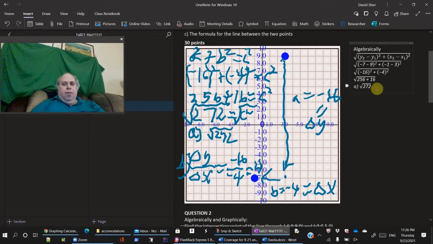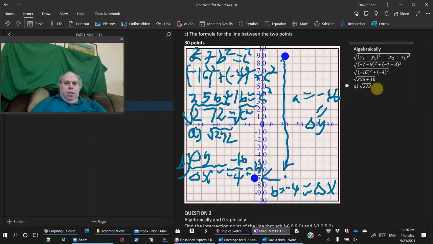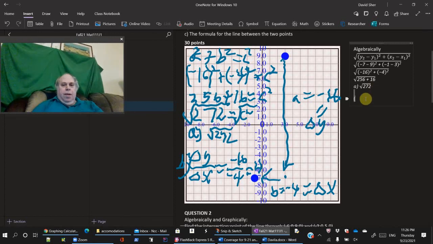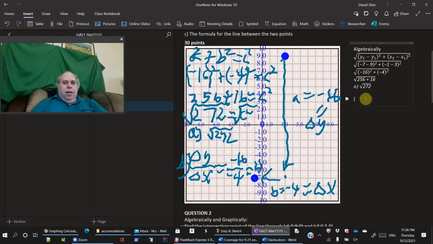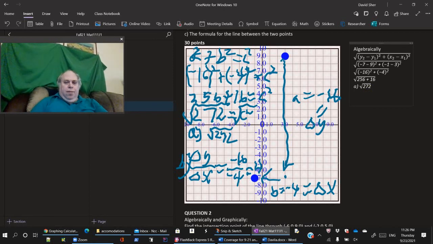So that's graphically. Algebraically, what we're going to do is take y2 minus y1 again. Okay, so I'll write down the formula again.